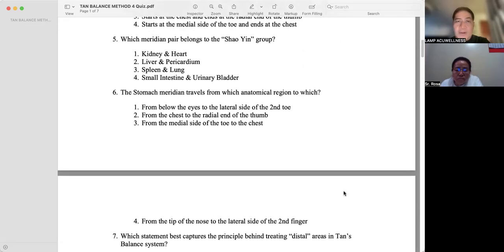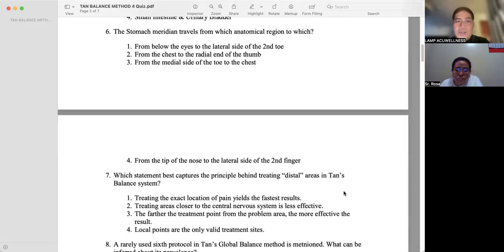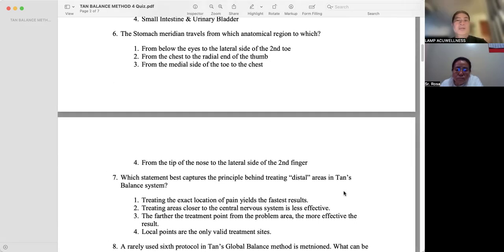Which meridian pair belongs to the Shaoyin group? Kidney and heart. The stomach meridian travels from which anatomical region to which? From below the eye to the lateral side of the second toe.